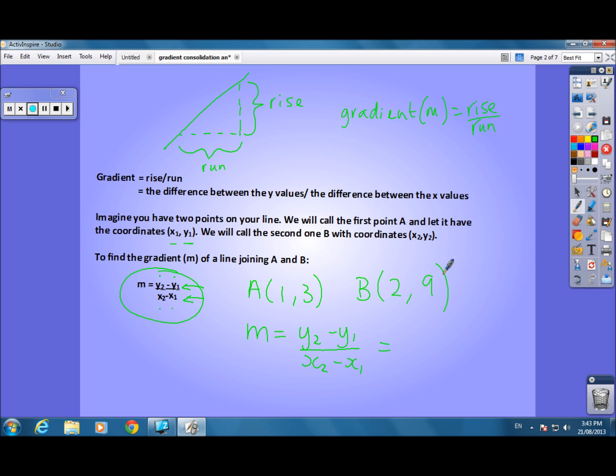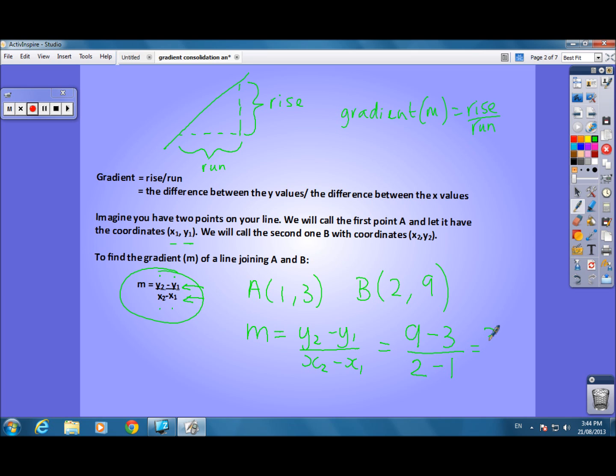Now in this case, y2 is the y value of the second point, so that's 9, minus y1 is the y value of the first point, so 9 minus 3, and x2 is the x value of the second point, so that's 2, minus x1 is the x coordinate of the first point.